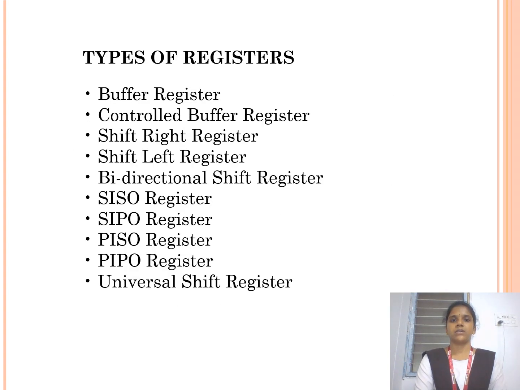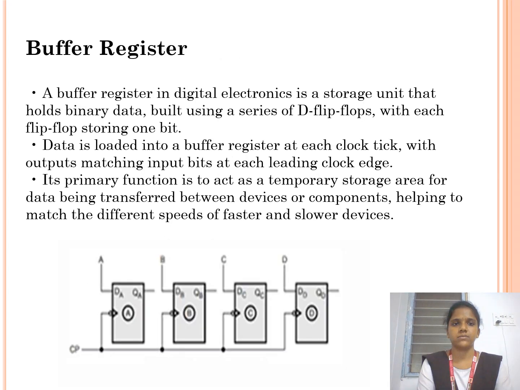Types of registers: buffer register, controlled buffer register, shift register. In shift registers, there are shift right register, shift left register, bidirectional shift register, SISO register, SIPO register, PISO register, PIPO register, and universal shift register.